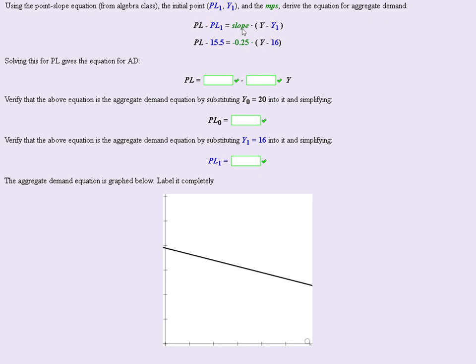One of our points was when the price level is 15.5, GDP fell to 16, and we know our slope was negative 0.25. So if I multiply, okay, there's our aggregate equation. So what do I do here?